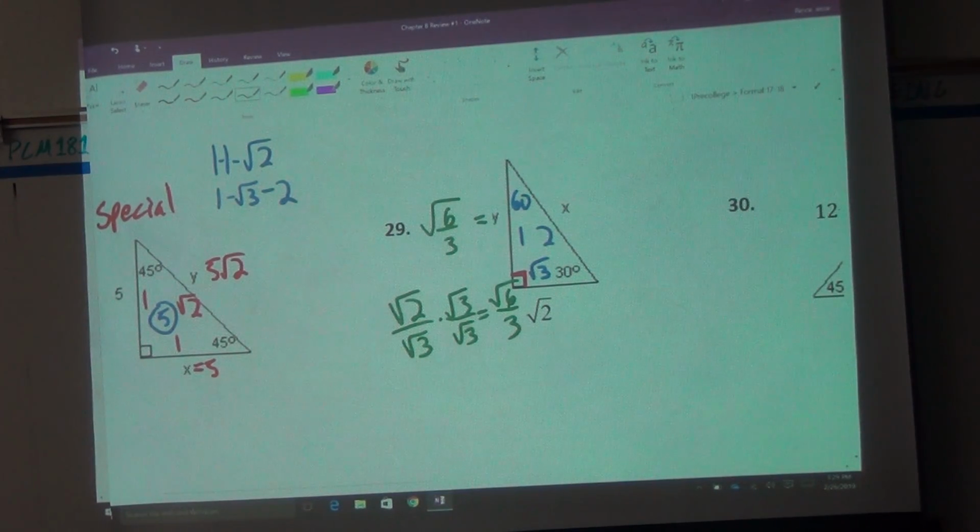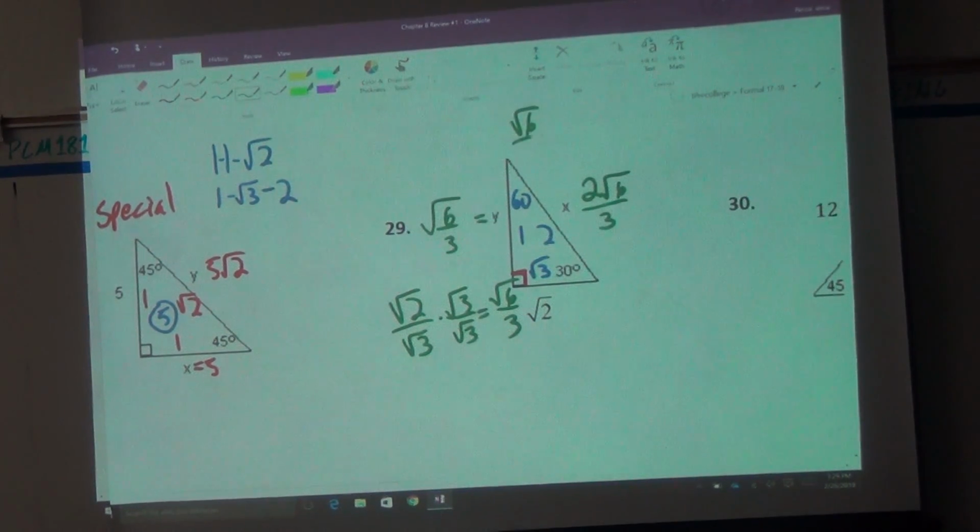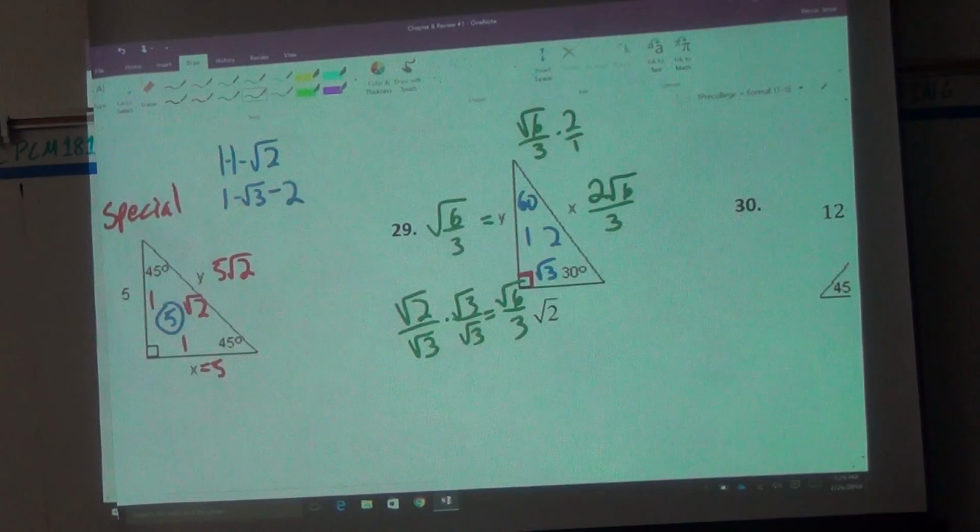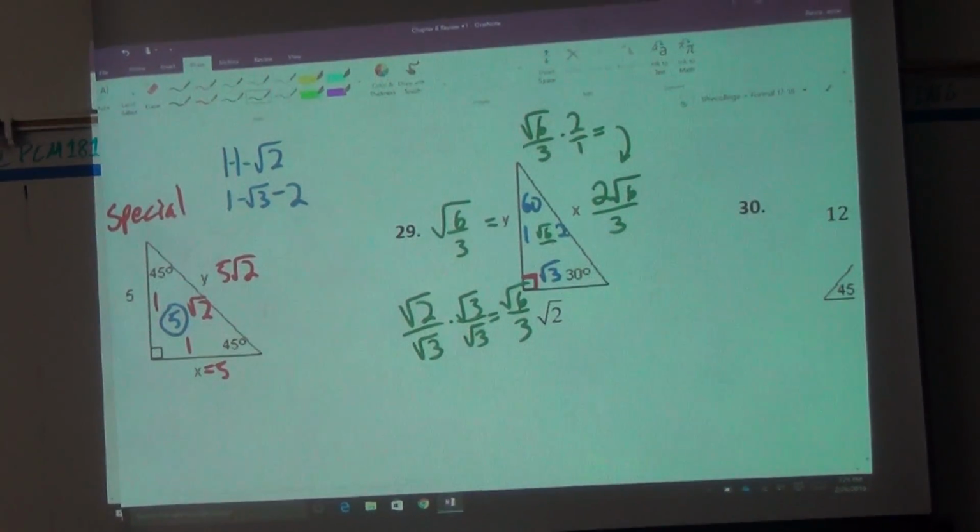Root 6 over a full 3. If the one side is root 6 over 3, then the two side is? 2 root 6 over 3. Very good. That's root 6 over 3 times 2 over 1 will give you this answer. The scale factor is the same as our one side, root 6 over 3.